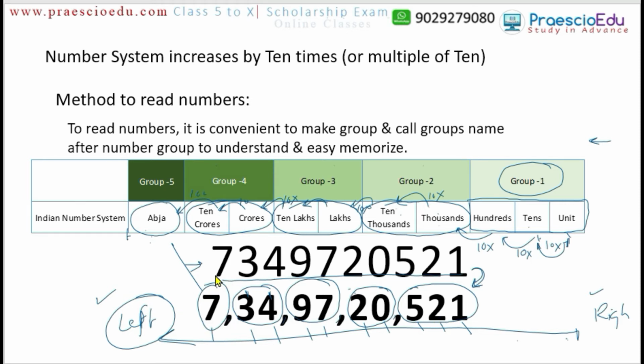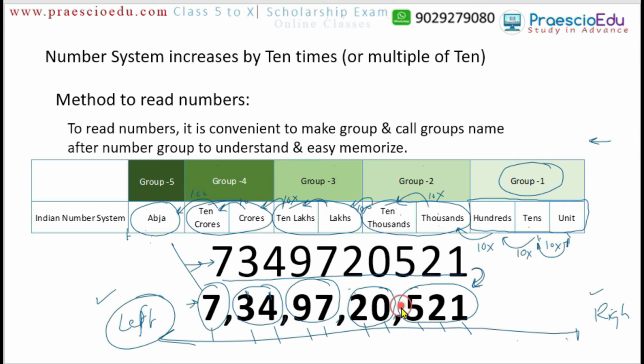Both numbers have the same value. I'm again repeating, only the writing method changes, so that we can read and understand the number properly and easily identify its value in a different way.